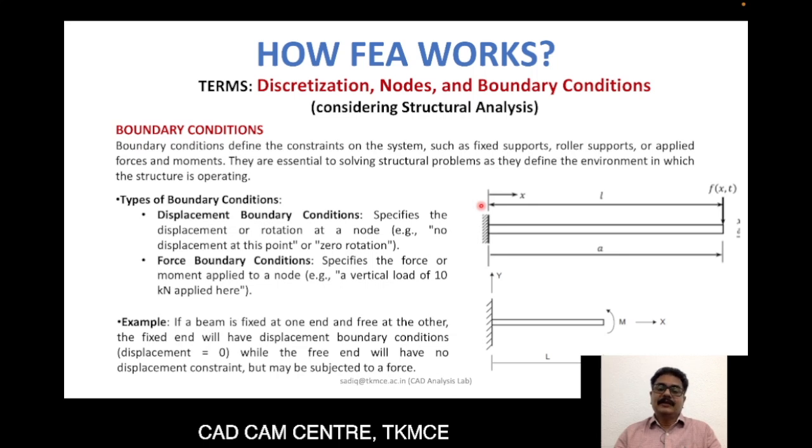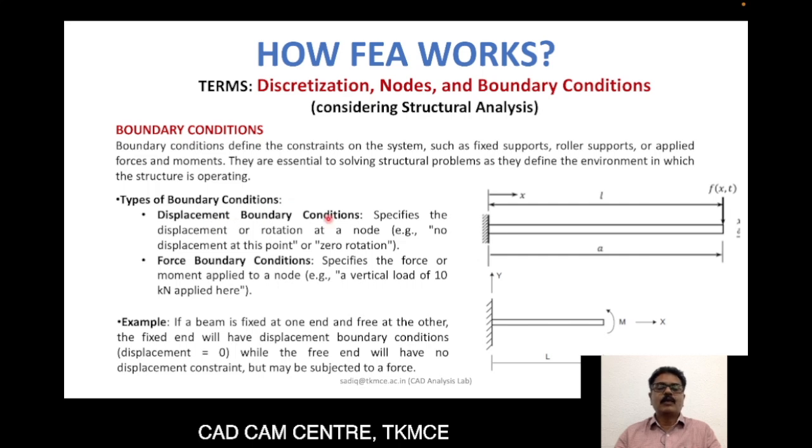Another very important term is boundary condition. These are the constraints that we give on the system, such as a fixed support, whether there is a roller support, whether we have applied forces, moments, etc. So these are used to solve the problems. In the case of structural problems that we do in our classes, we can say that there are two types of typical boundary conditions.